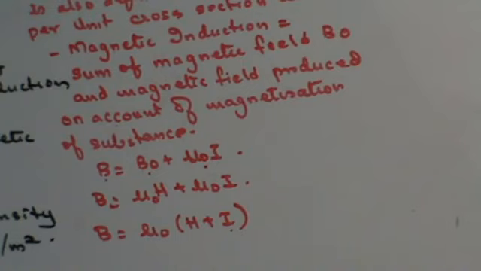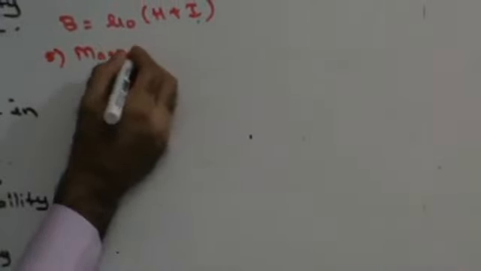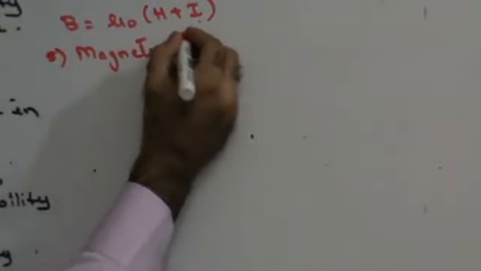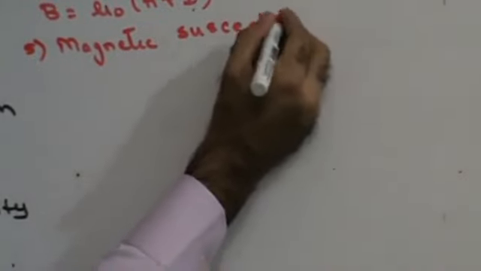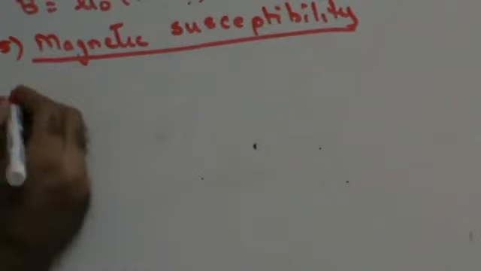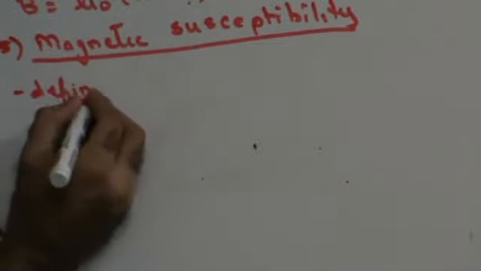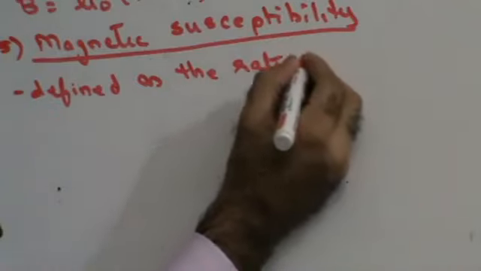Next, what do we understand by magnetic susceptibility? It is defined as the ratio of intensity of magnetization to magnetic intensity.